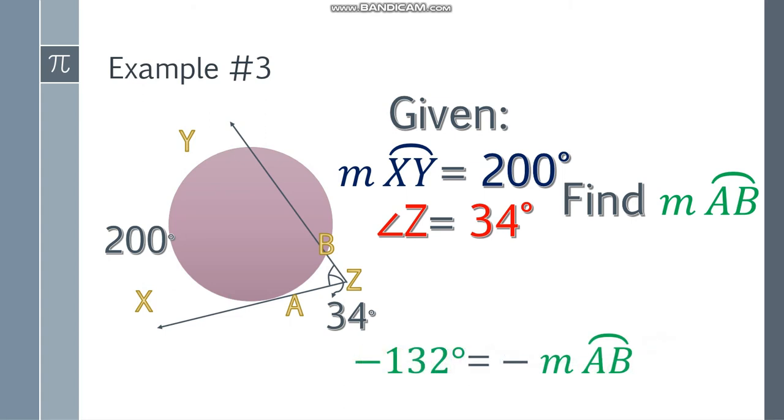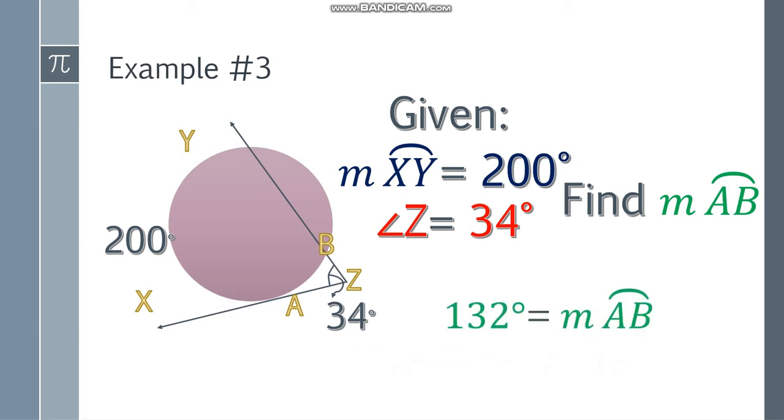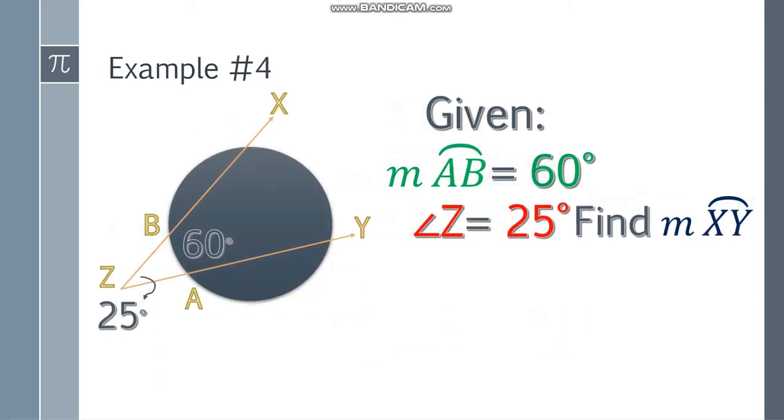Simplified, that will be negative 132 degrees is equal to negative the measure of arc AB. So divide both sides by negative 1, and the measure of arc AB is 132 degrees.